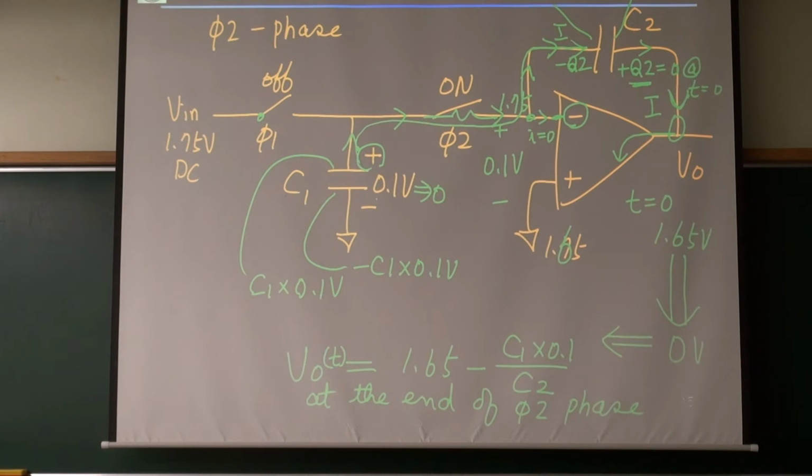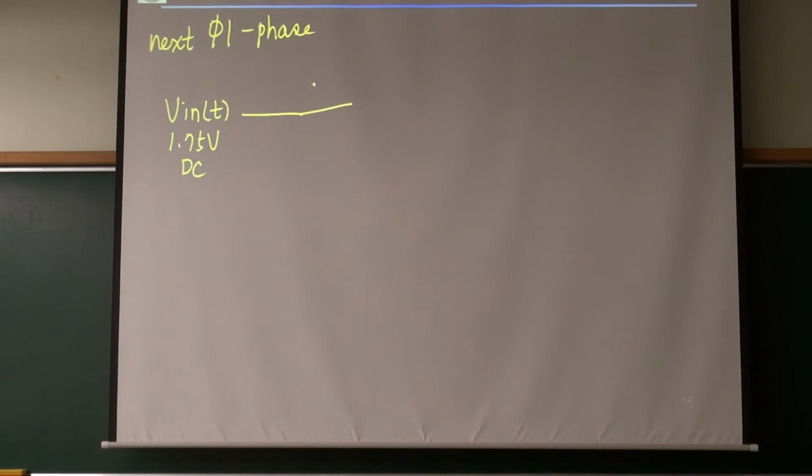At the next phase one, my VIN still remains at the 1.75 volt DC, and then my I1 will be on. Then I have a C1 here, my I2 will be off.